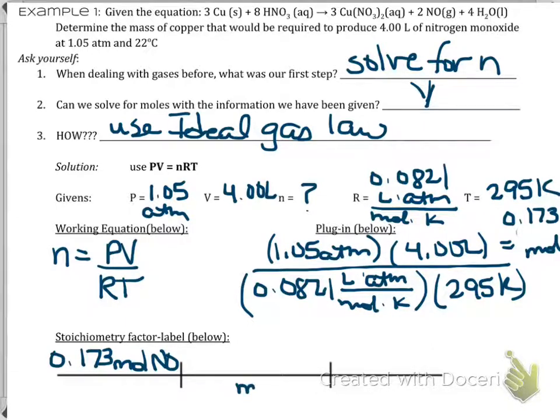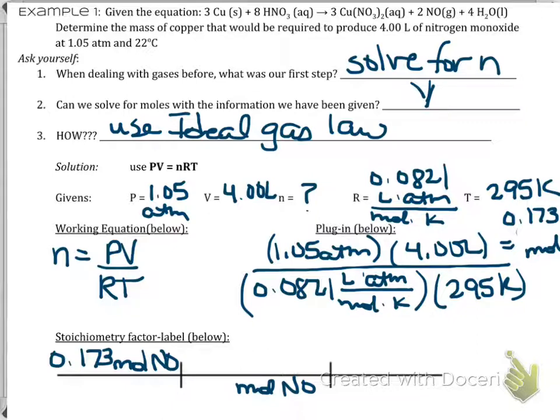So I can put moles of nitrogen monoxide on the bottom. It's a fairly common mistake to try to use molar mass next, but that's why you need to look at your units. If you have moles of nitrogen monoxide, then you should have moles of nitrogen monoxide next in your factor label tree and not molar mass, because I don't need the mass of it for anything in the question.